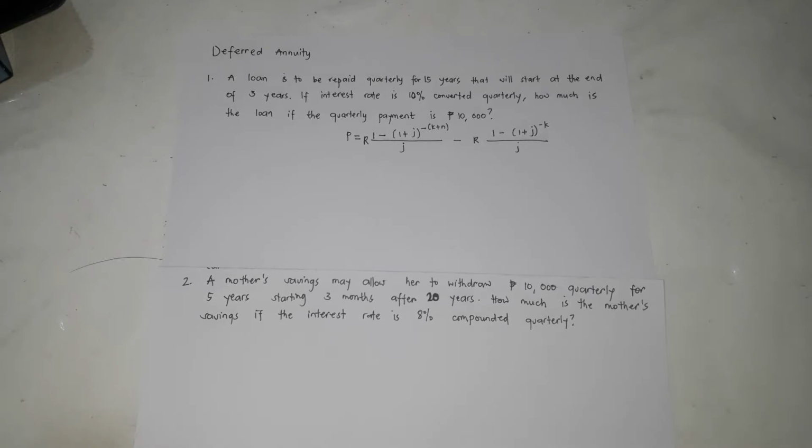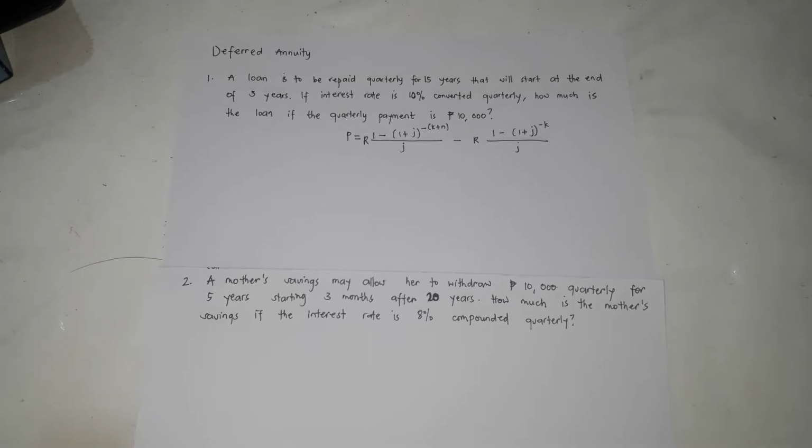In the problem, a loan is to be repaid quarterly for 15 years, starting at the end of 3 years. So he loaned, and then he's going to start paying after 3 years, but he will keep on paying for 15 years.